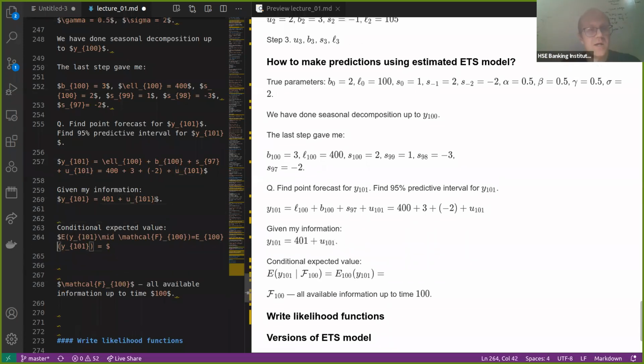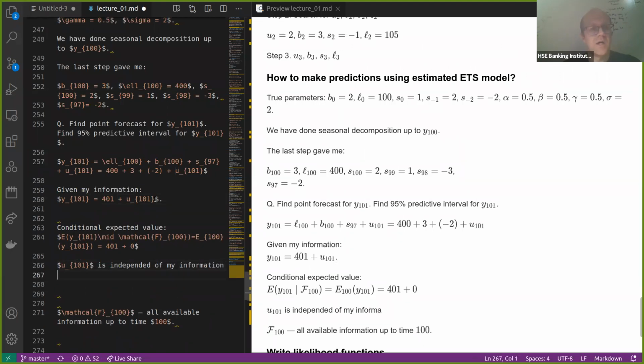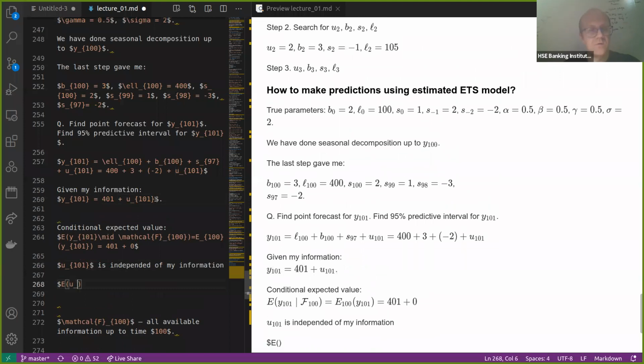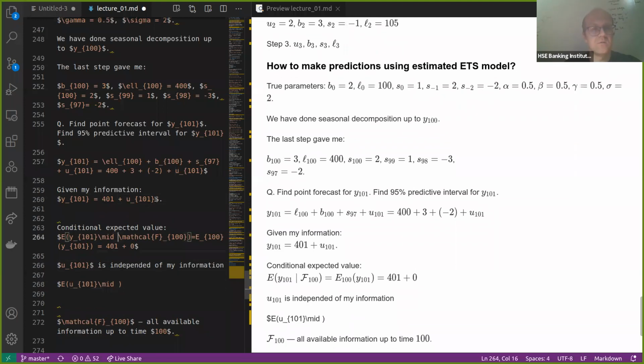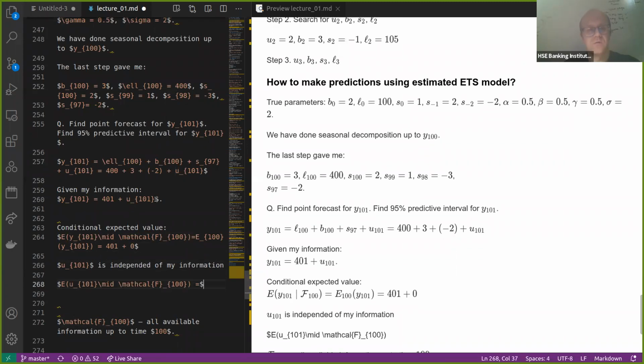So the conditional expected value will be 401 plus 0. Why? Because U101 is independent of my information, and so the expected value of U101 given my information, this future noise, I have no clues how to predict it.